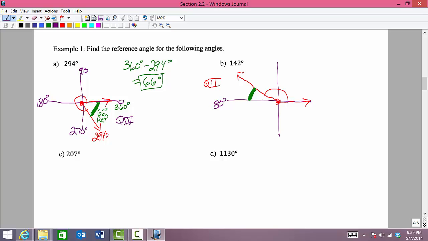So we want to do larger minus smaller. Since this was 142 degrees, it's smaller than 180 degrees. So we will do 180 degrees, take away 142, and that gives us 38 degrees. So our reference angle, that positive distance between the nearest x-axis and the terminal side, would be 38 degrees.